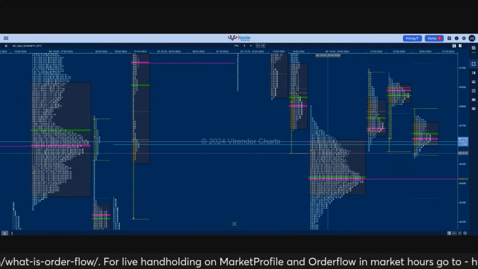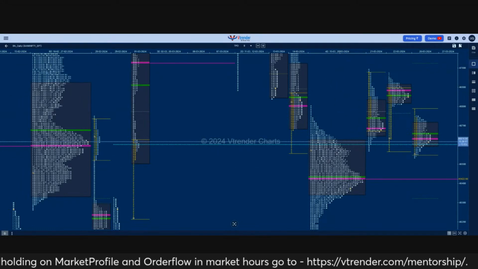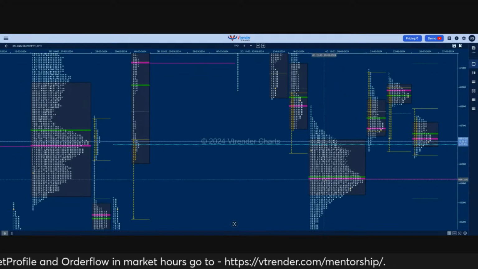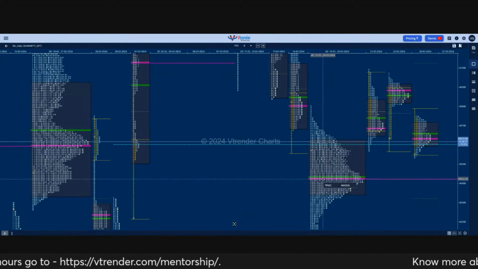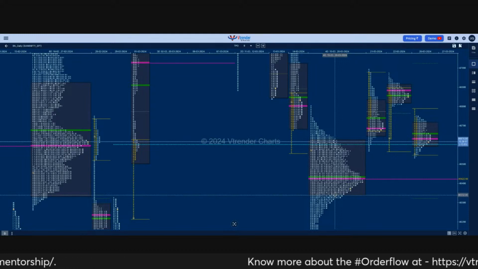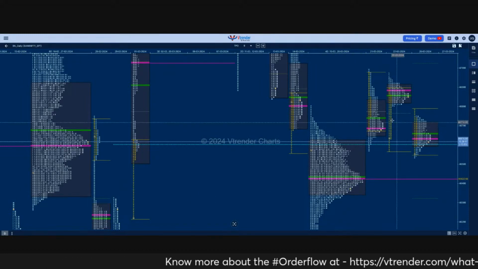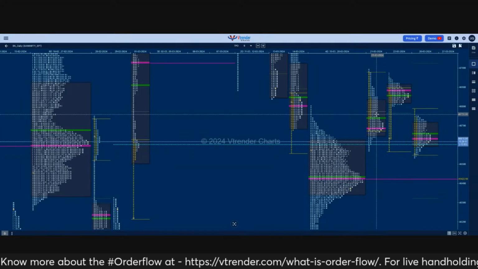So as you can see, Bank Nifty had formed a nice 4-day balance from 15th to 20th of March, and this 4-day balance composite POC is at 46422, and the value area low is at 46334. So from here we tried to move higher on the 21st.